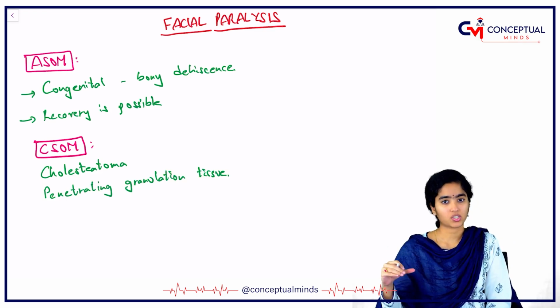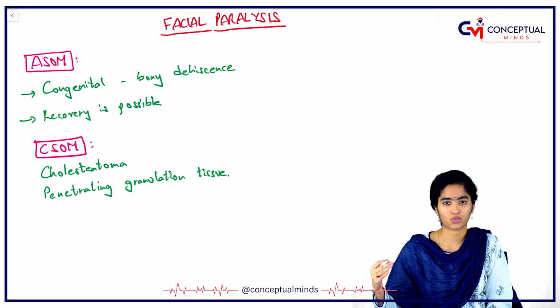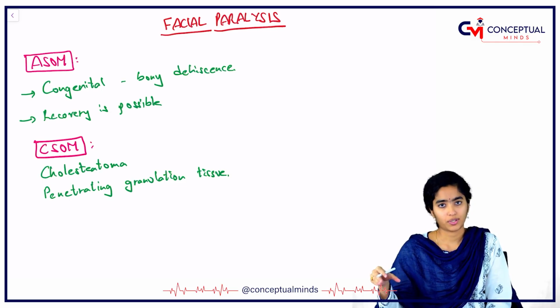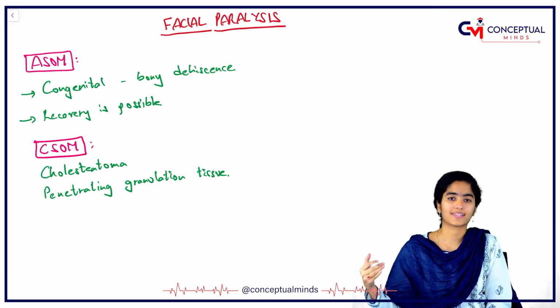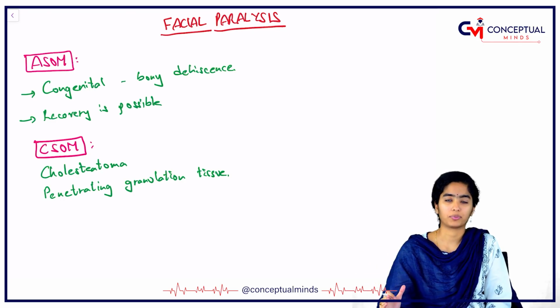You have to inspect the facial canal right from the geniculate ganglion to the stylomastoid foramen. If there is cholesteatoma or granulation tissue that is invading the bony canal, you have to debride that entire area of involvement.